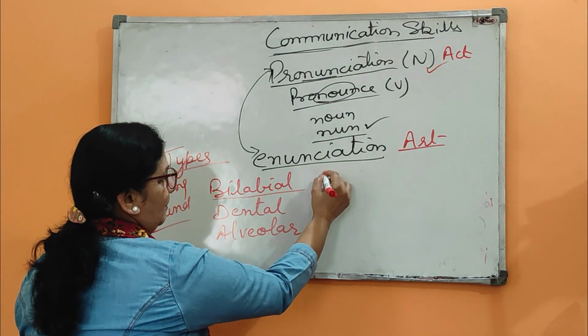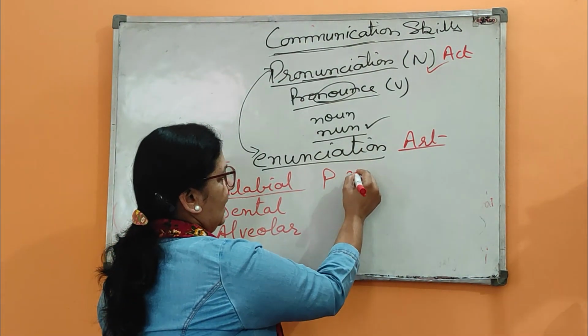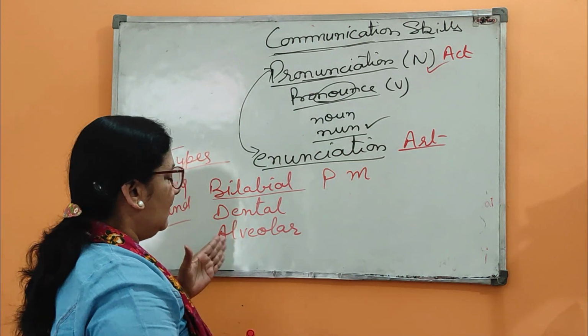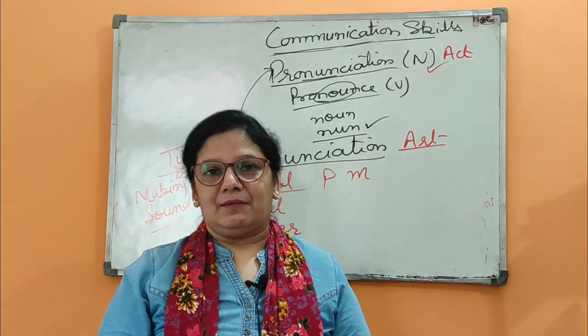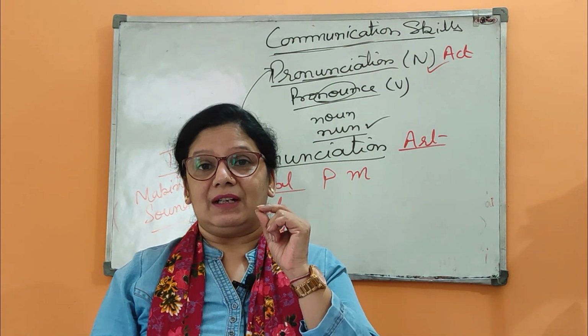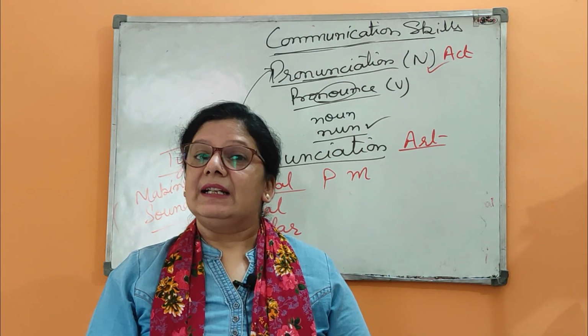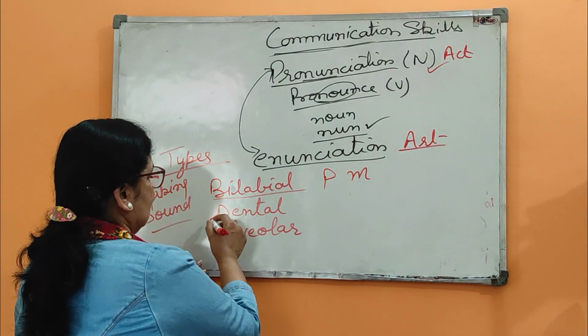Also when you say M, it is again bilabial. So there are some different sounds. They may be bilabial, they may be dental. When you touch your tongue with your teeth pronouncing some letters, this is dental.